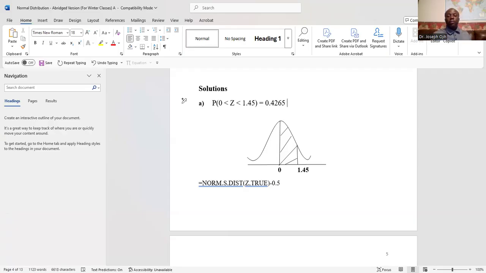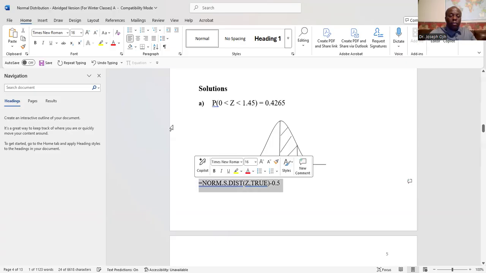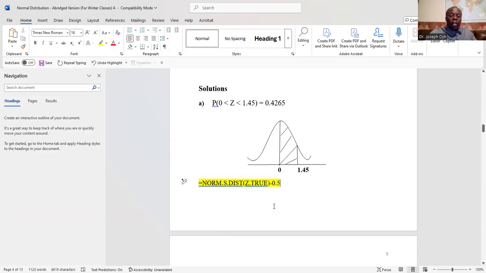I can call it a 42.65% chance. Any question on this? So, between 0 and any value given, just use this formula here. Let me highlight it for you. Like I said, write it down so that you don't forget.